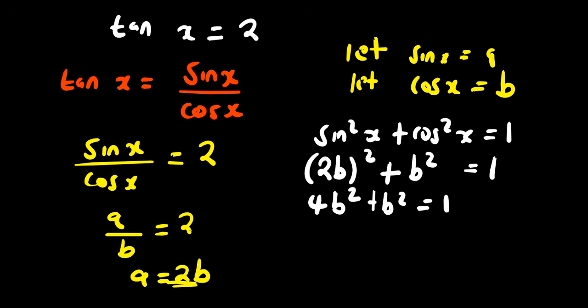Now we've got 4b squared plus b squared. These are like terms, so it's going to be 5b squared is equal to 1. For us to remain with b, we are going to divide by 5 on both sides. Allow me to rub here.